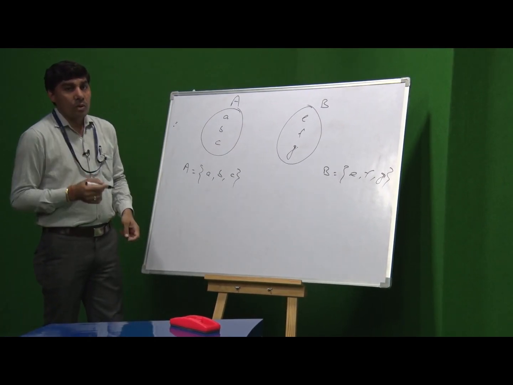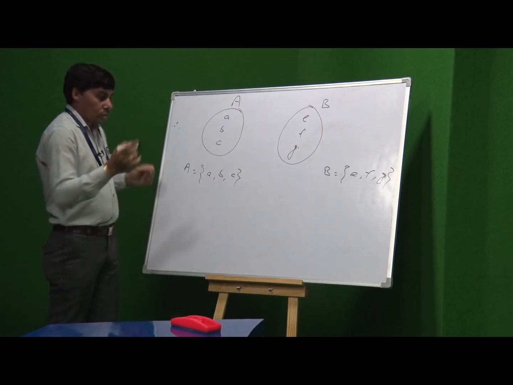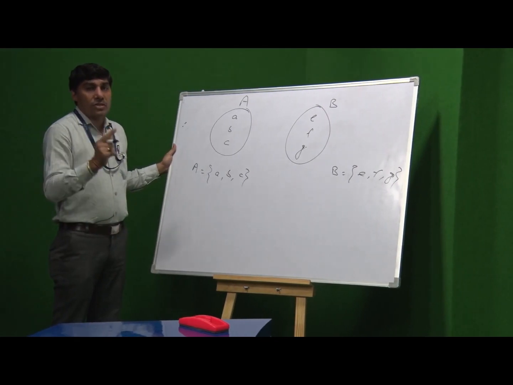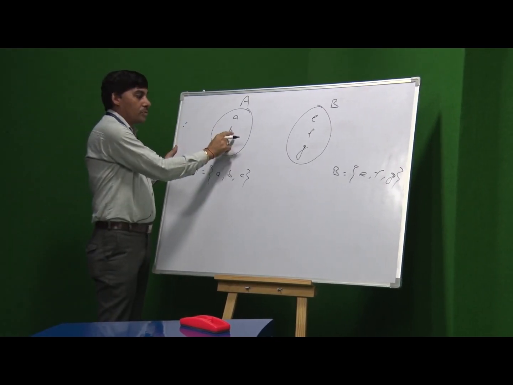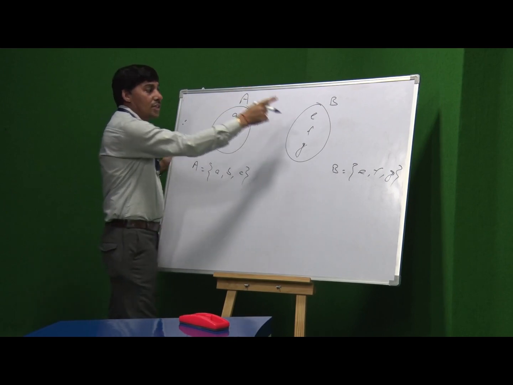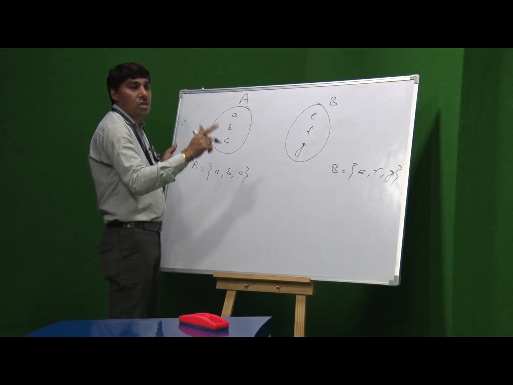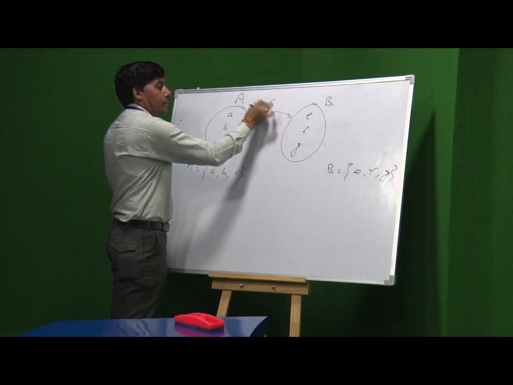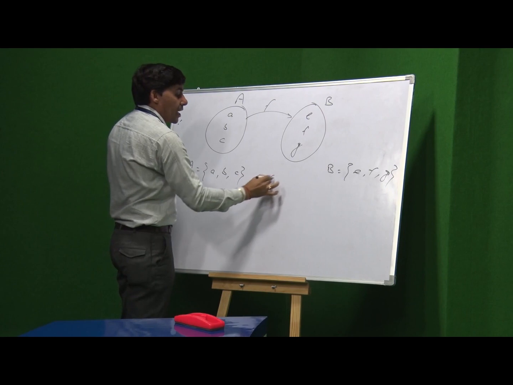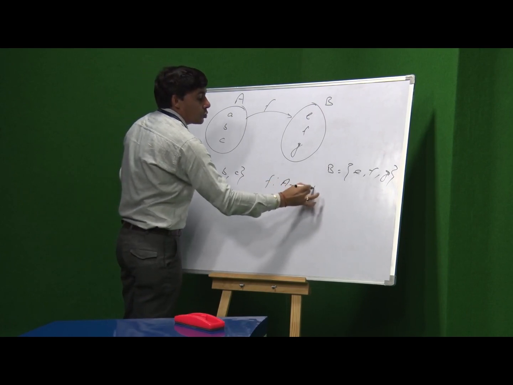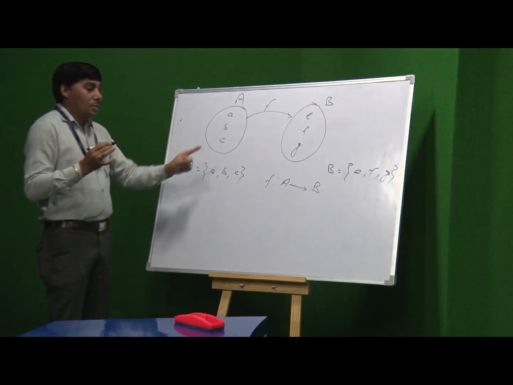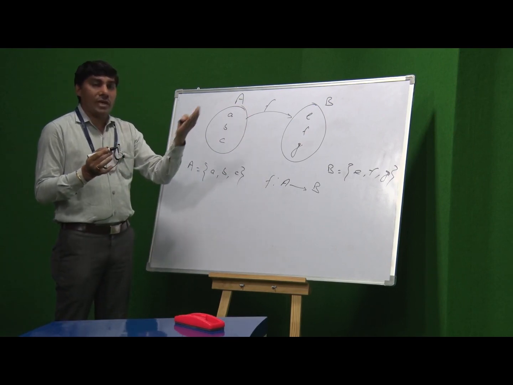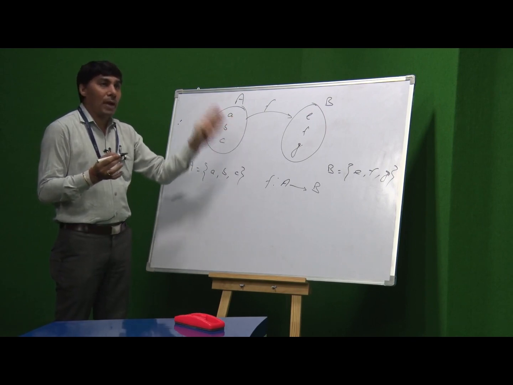Now, we will discuss the function. A function is a rule by which every element of the set A is associated with the elements of B. We can show it as f, and we can write it as f is a function from A to B. That means f is a transformation, somewhere we can write it as mapping.